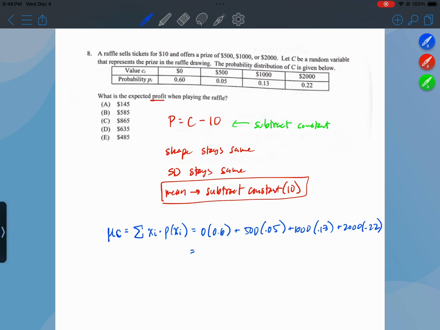So that gives us $2,380.22. So that's our expected profit. But remember, we paid $10 for the ticket. Sorry, 2,380 is the expected prize winnings.